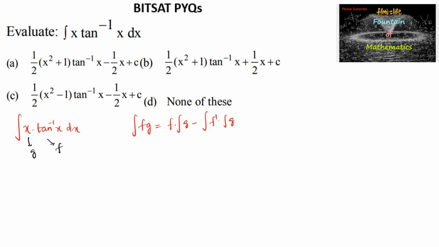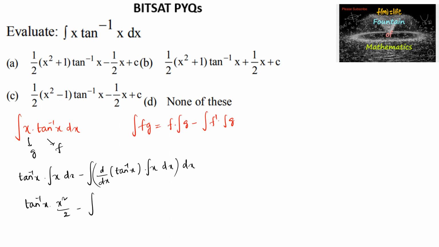So we can write f, that is tan inverse x, into the integration of x dx, minus the integral of the differentiation of tan inverse x into the integration of x dx, the whole dx. That is tan inverse x into x square by 2 minus the differentiation of tan inverse x, which is 1 by (1 plus x square), into x square upon 2 dx.